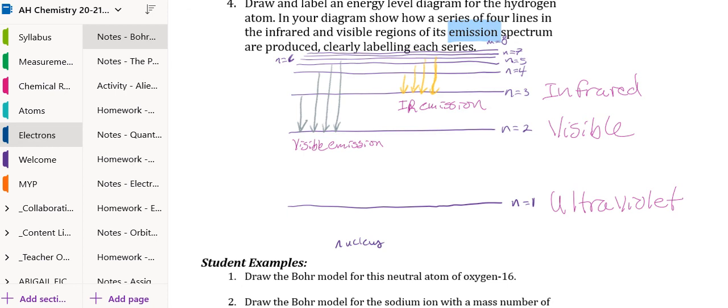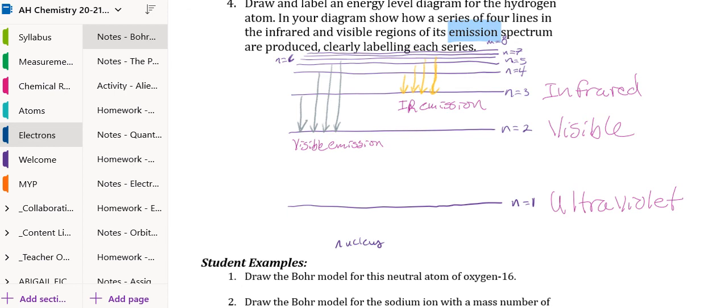So first thing I needed to do was draw my energy levels, right? And that will get you points. If you can just draw the energy levels, number them, and show them getting close together, that will give you points. I needed to recognize that visible would be second energy level, and infrared would be third, so that's 2 more points. And then I needed to show that it was emission. So since it's emission, it's going to be falling to those energy levels.